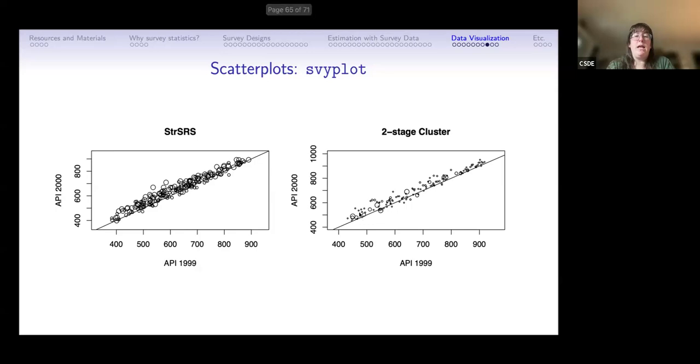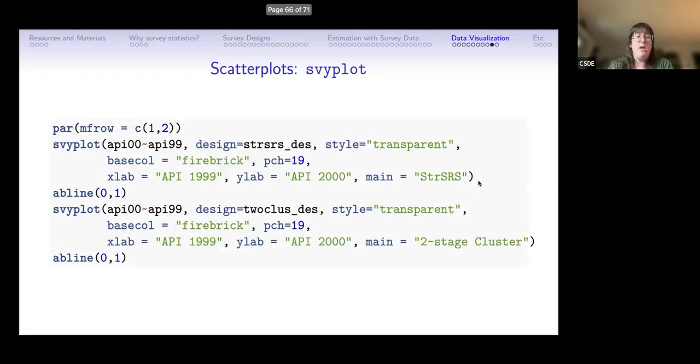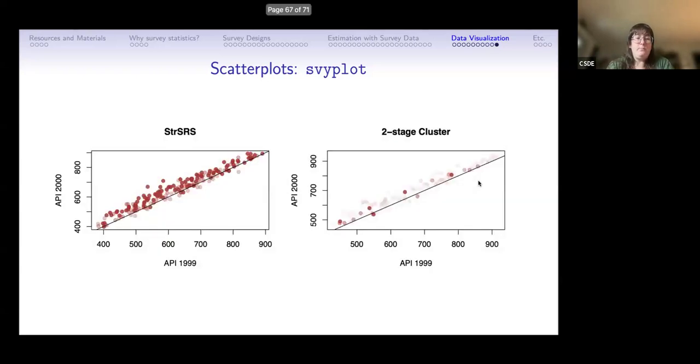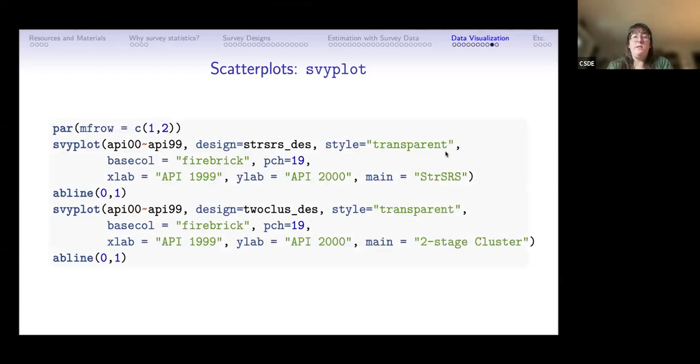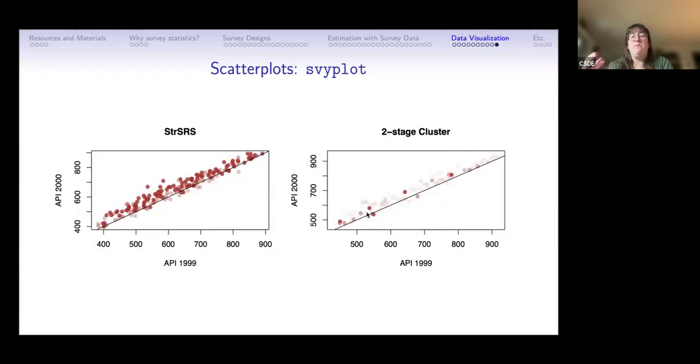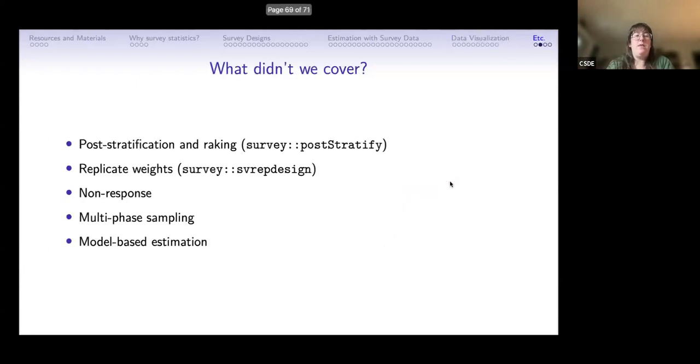So it's really important, because if you didn't do this, you would just see all of these dots at the same size, but that's really your sample data. That is not describing what's happening in the finite population setting. There's also transparent. So in this case, it will emphasize the weights according to the transparency level of the dot that it draws.